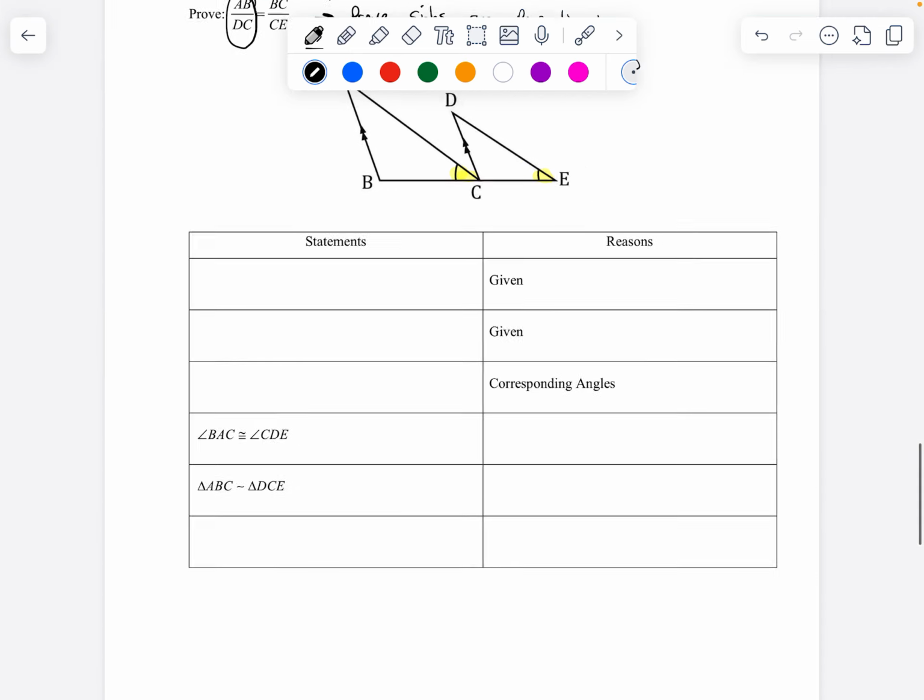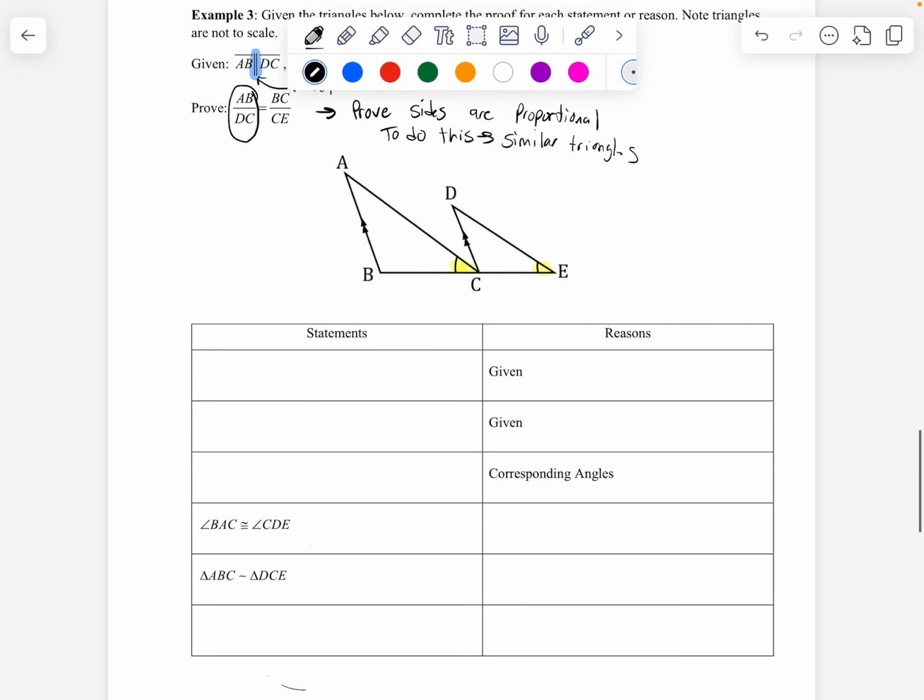Okay, so I know that my last goal, my very last thing, is to say exactly what I'm trying to prove, that AB over DC equals BC over CE. In other words, we know we need to prove proportional sides, and we know we're going to prove it because you have similar triangles. So ABC similar to triangle DCE. And I just got that from our second line that was filled in for us. Okay.